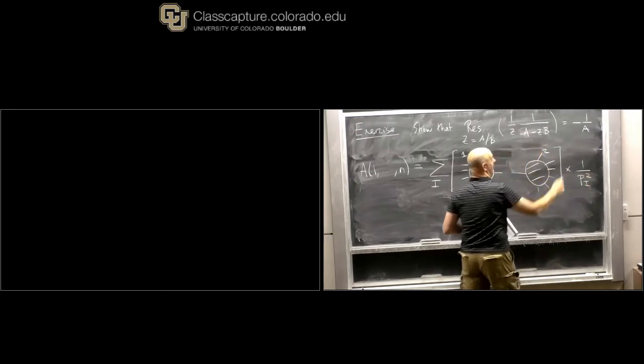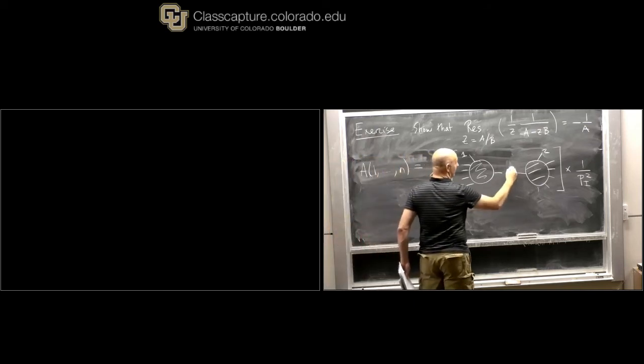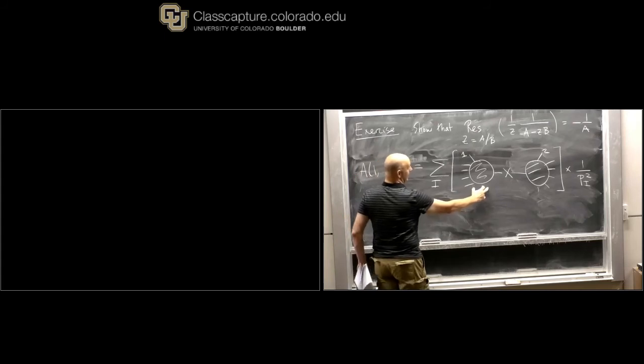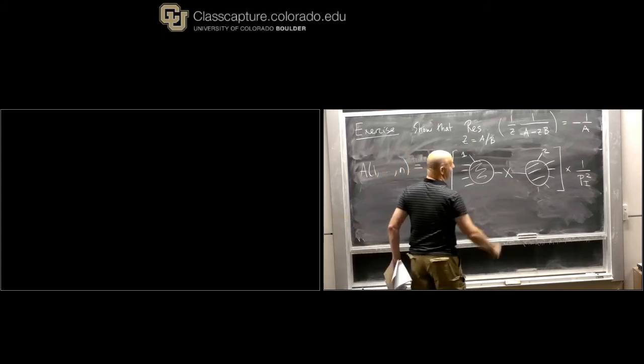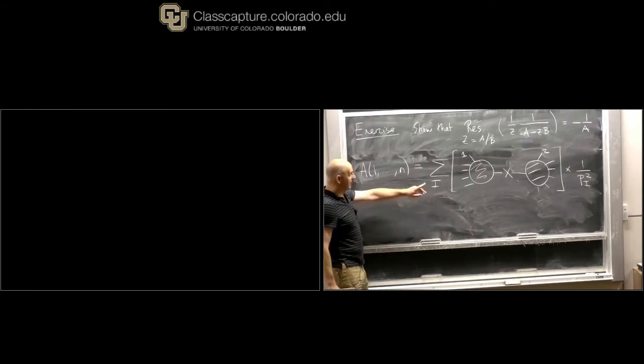This factor coming from the residue. And this should be interpreted as a literal multiplication. So the value of this scattering amplitude times the value of that scattering amplitude summed over all possible subsets where 1 and 2 are separated.